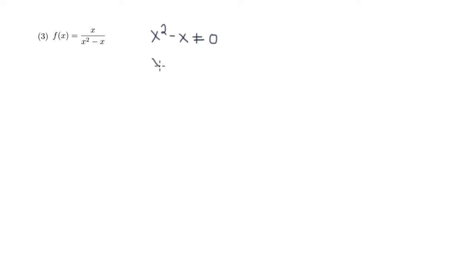So I can factor this as x times (x minus 1) not being equal to 0. For this to not be 0, neither of these can be 0. So we better have that x is not 0, and then of course x can't be 1. Both of these things need to be true.